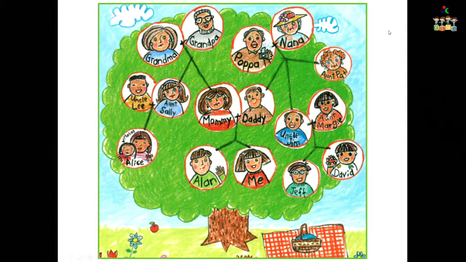Now that we know what to call our family members, let's practice with a fun game. There are 3 lines. 1, 2, and 3. And you need to guess where the different family members belong on the family tree.